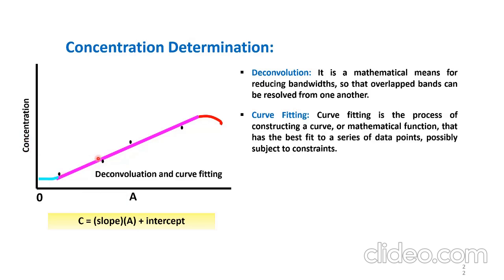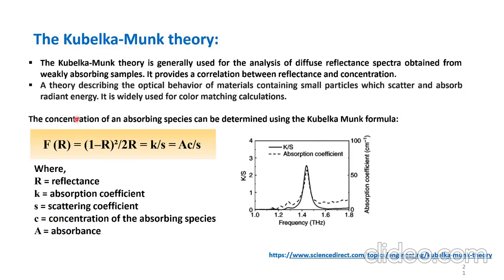If we want to check an unknown sample, suppose it comes in between here, then depending upon how much absorbance it shows, we can correlate it with the concentration. That's how we can determine the concentration in an unknown sample. This is very useful in such cases. Only with the help of reflectance we can correlate it with the absorbance, and the concentration can be determined.